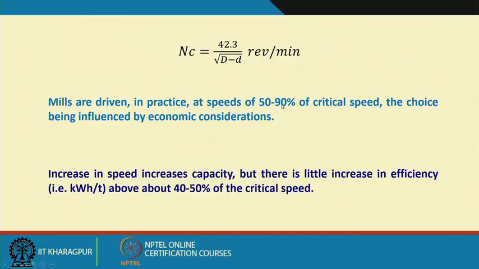Now, if you run it at too high speed, that means at 90% of critical speed, you may end up with relatively coarser particles. As I said, mostly they are used in a closed circuit grinding operation. So, if the mill is at 90% of the critical speed, what will happen? Your classifier, that is your size separation device, will send back more material through the underflow as your recirculated load, as recycled material to your mill.